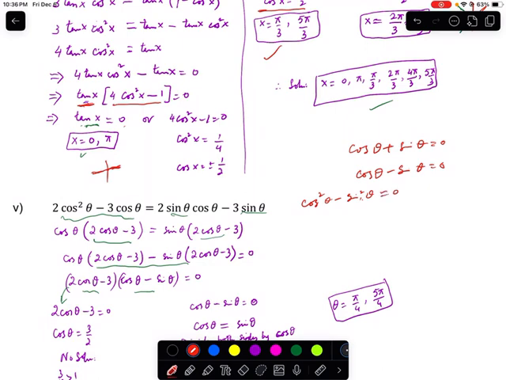Can you see it can be factored into two factors? This becomes cosine of theta minus sine of theta times cosine of theta plus sine of theta, which means you set these two equations equal to 0.